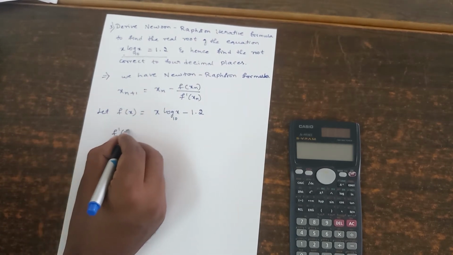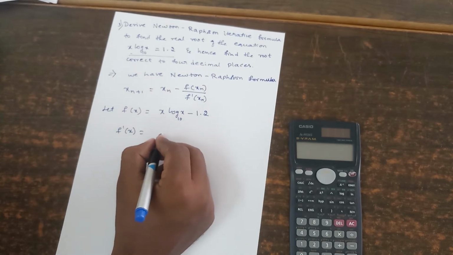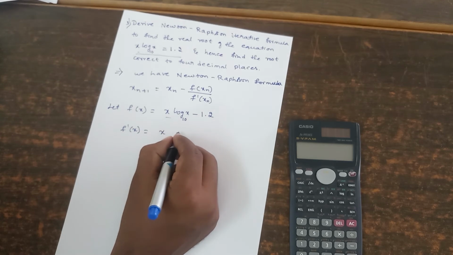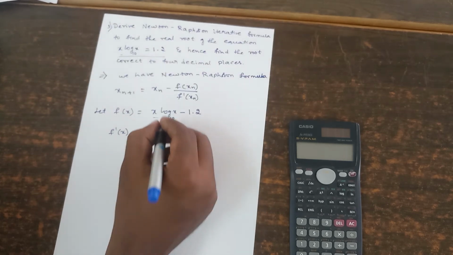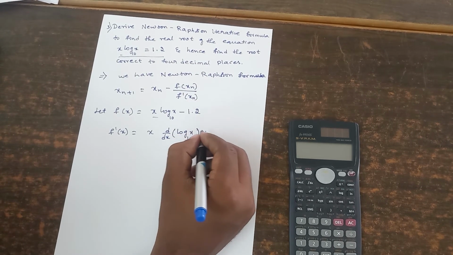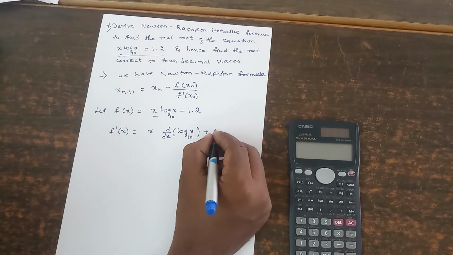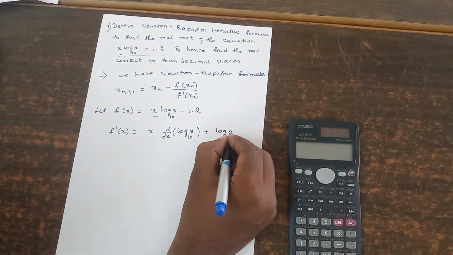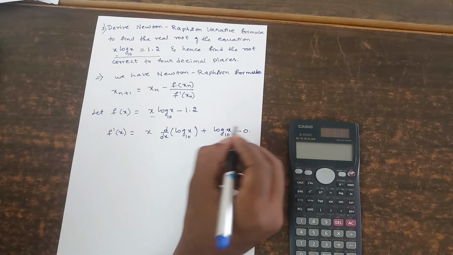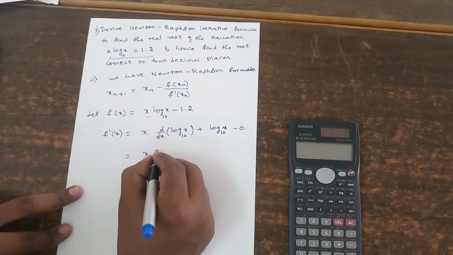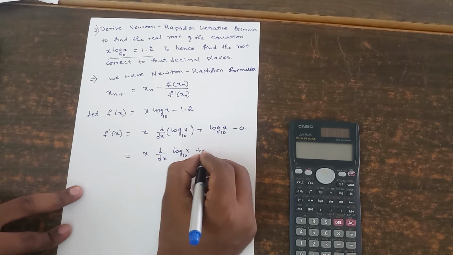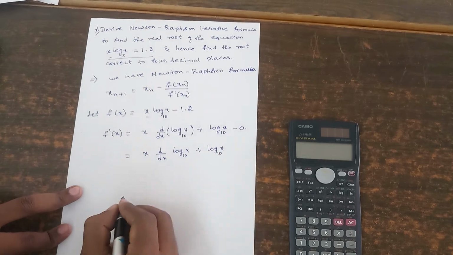Here you have to apply the product rule. So f dash of x equals x into differentiation of log x base 10, plus differentiating x gives 1, so we get log x base 10. Minus 1.2 becomes 0. So x into d by dx of log x base 10 plus log x base 10.